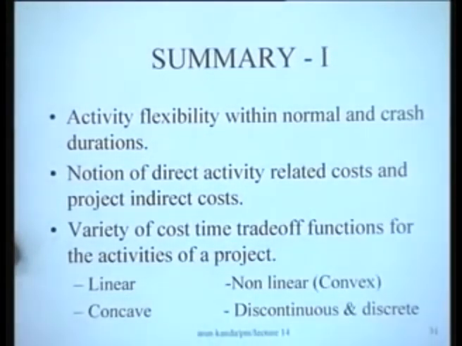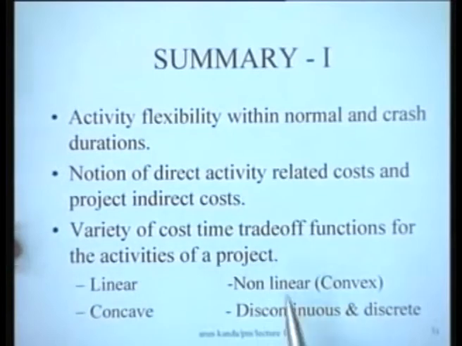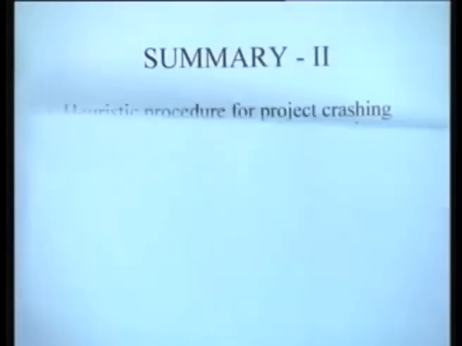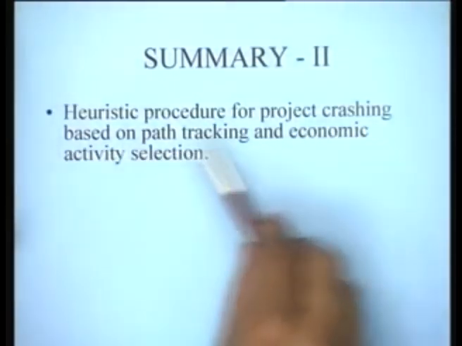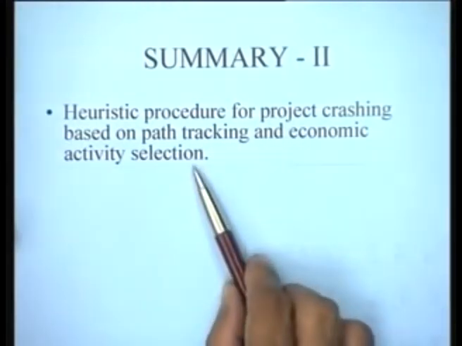Then there can be a variety of cost time trade-off functions for the activities of a project. Typically you might talk of linear, non-linear, convex or concave, or discontinuous and discrete time cost trade-off functions to represent different situations. Then we looked at a heuristic procedure for project crashing based on path tracking and economic activity selection.